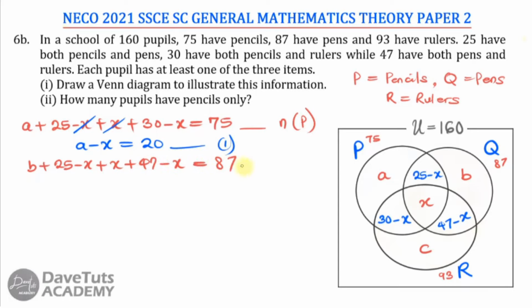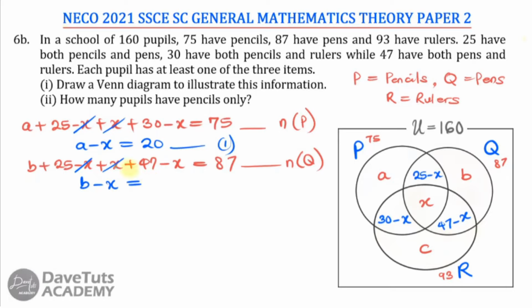I'm getting this by reason of the number of pupils that have pens. If I want to simplify this, I can see that minus X and plus X cancel, and B minus X is equal to 87 minus the sum of 25 plus 47, which is 72.